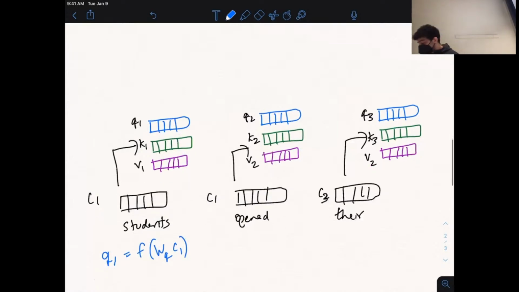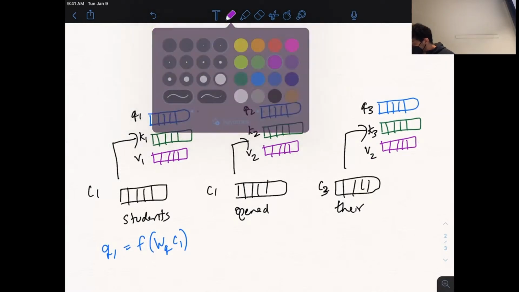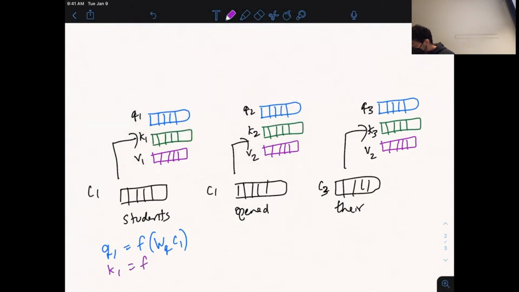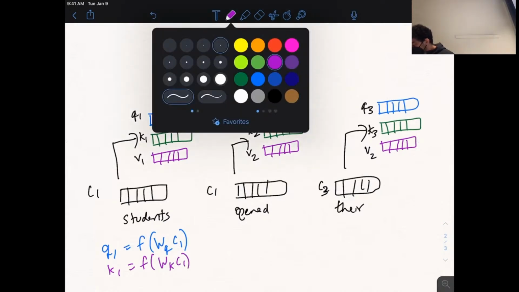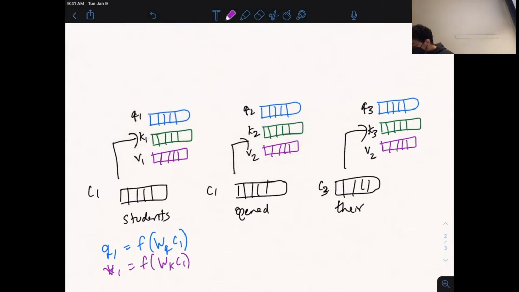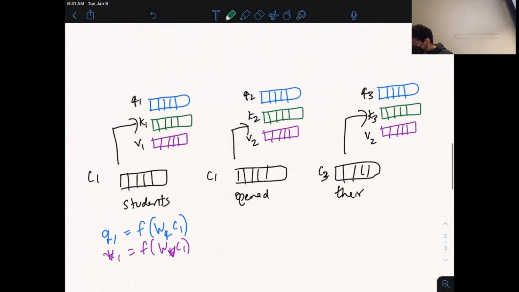K1, let me make this clear. K1 equals F of WK C1.